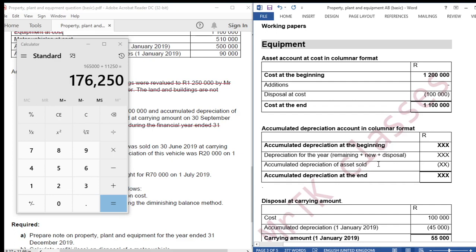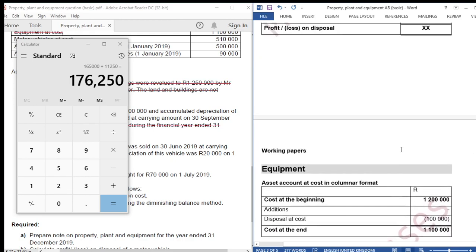We don't maintain accumulated depreciation of any asset that is sold. Why? Because we close the accumulated depreciation account. We remove it from the accumulated depreciation account, then we take it to the realization account where we calculate profit or loss on disposal. So we need to remove it from here.